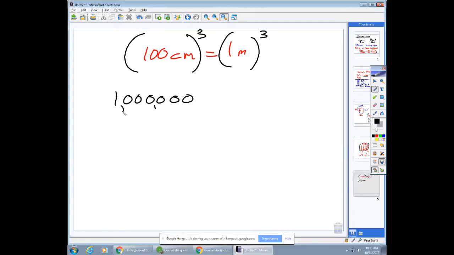That's a lot, huh? A million? There are a million little tiny cubic centimeters, sometimes written as cc's, in 1 cubic meter. It's a lot.